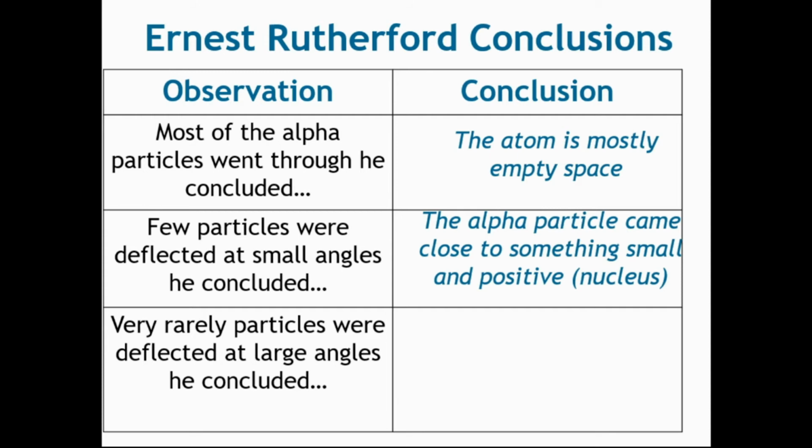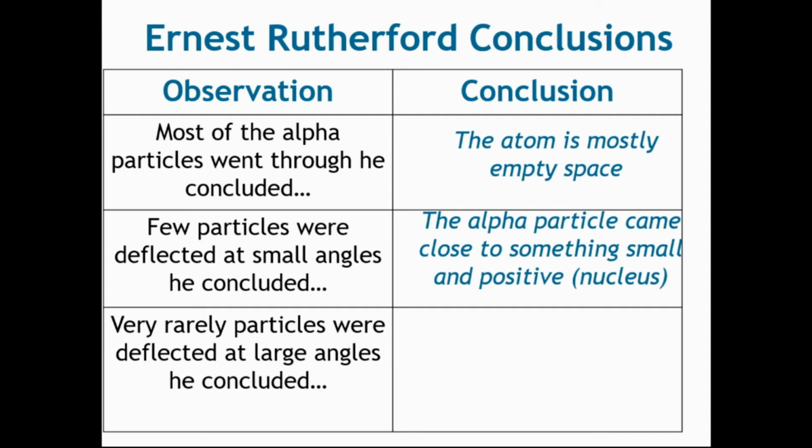And so the deflection of those few particles can be seen to be because the nucleus is there; those alpha particles could not go through it, yet they deflected because the alpha particles themselves are positive in nature.